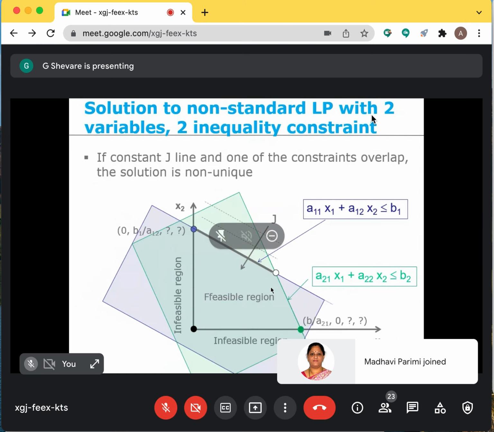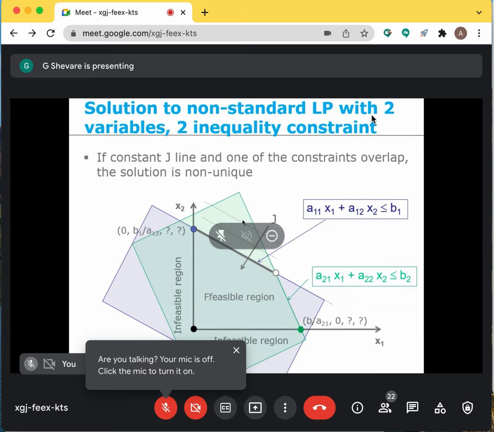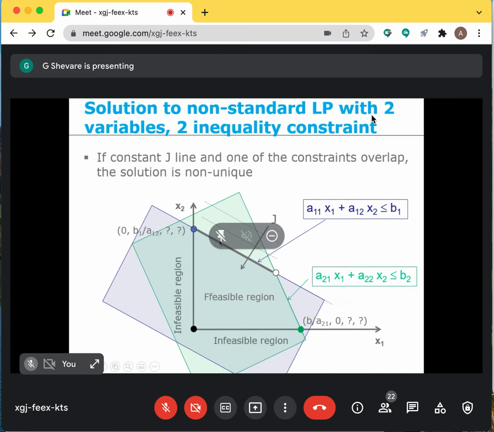Now it may so happen, in the same problem, that C1, C2 are such that the cost function is the same, then this is the line. But as the cost function changes, and C1, C2 vary, it may so happen that the J equal to constant line doesn't touch a vertex but becomes parallel and overlaps the constraint line.